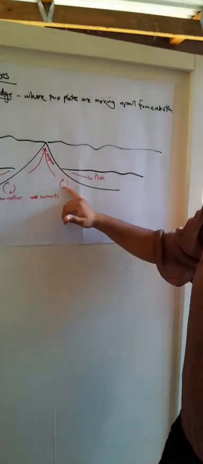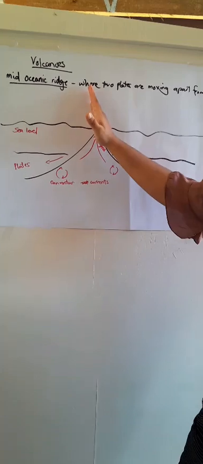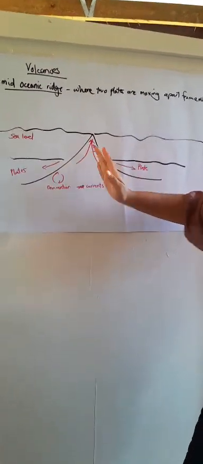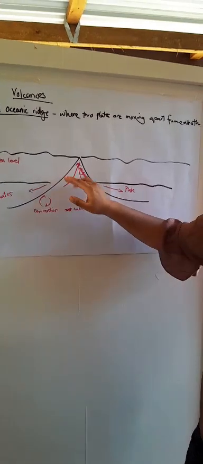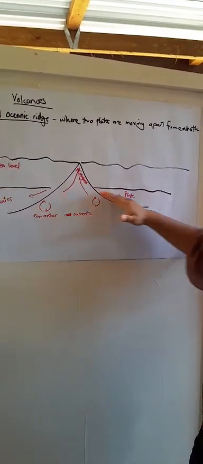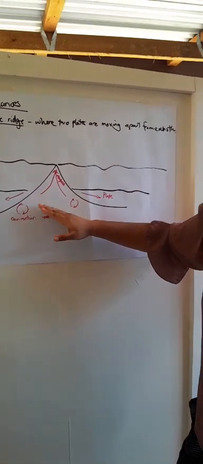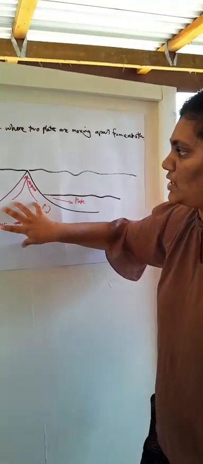This is the convection current when it pushes the magma to the arc. This is the sea level. It pushes the plate away. This explains what a mid-oceanic ridge looks like.